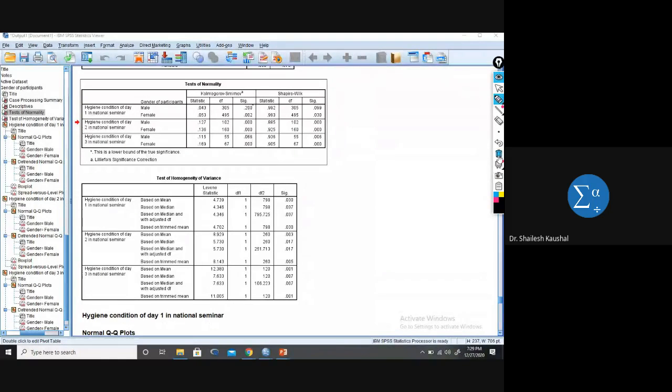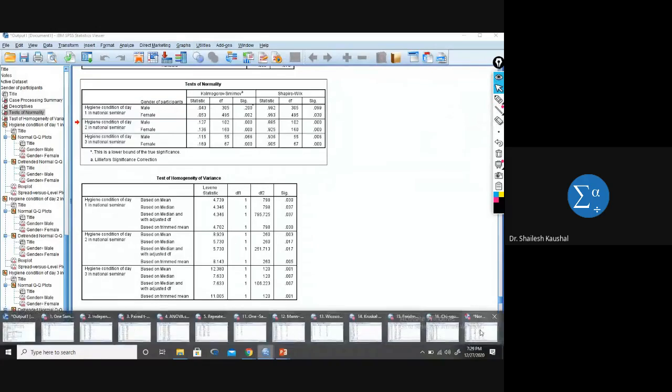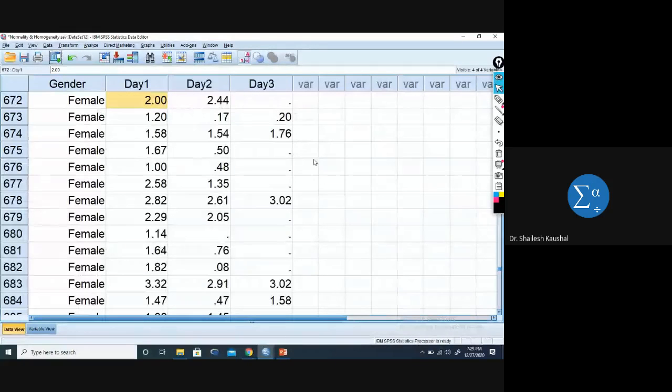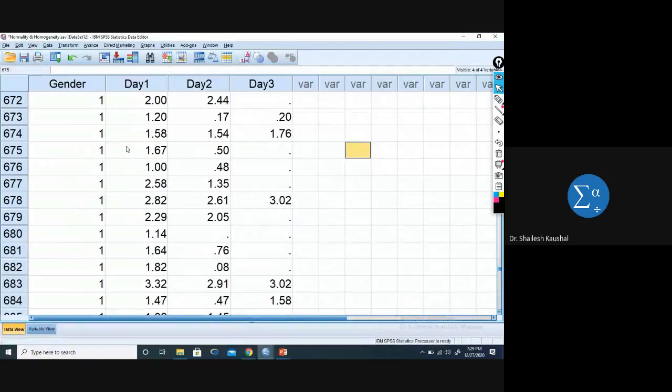So, how to transform our data. Okay, so here I am using the log transformation.